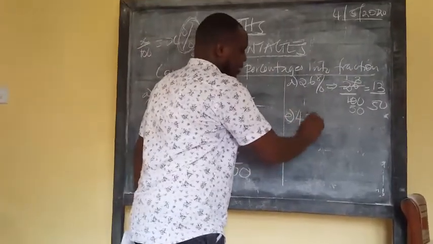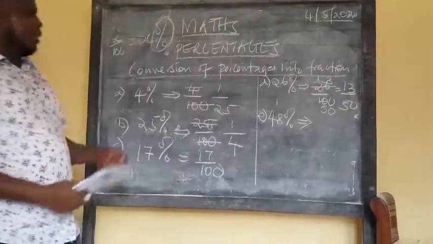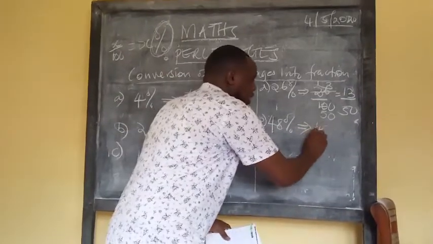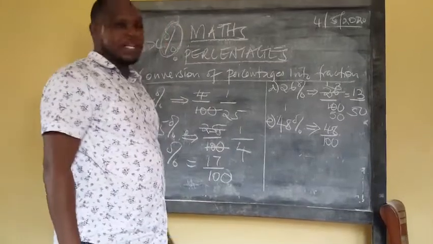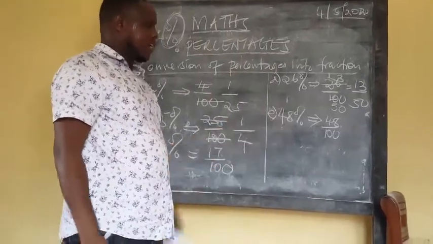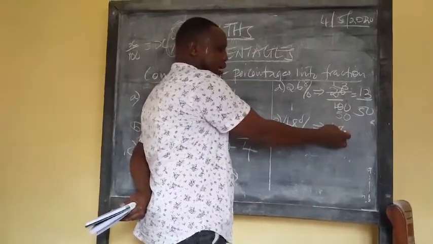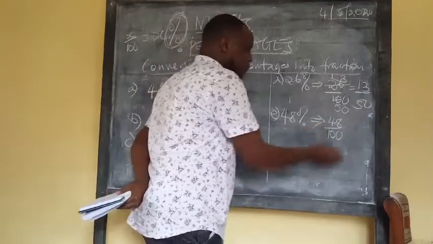48%. Let's write that into a fraction. This simply means 48 over 100. That therefore means that we have a common divisor, because our last digit is an even number and here is a 0, meaning that they can be divided.